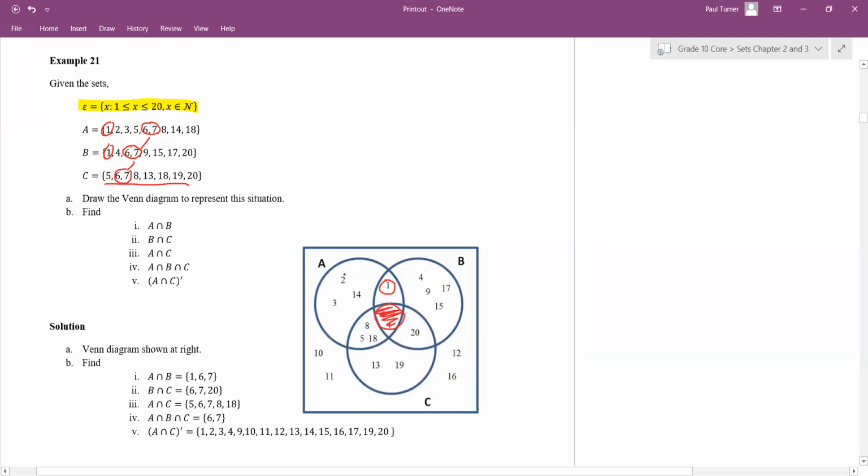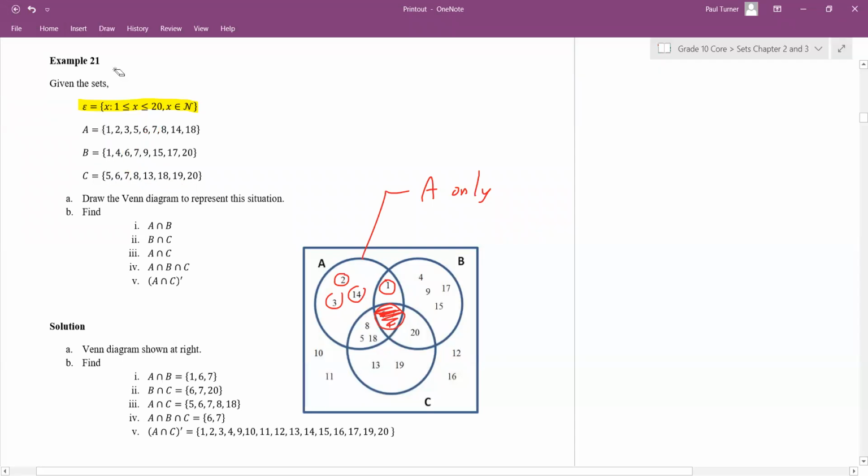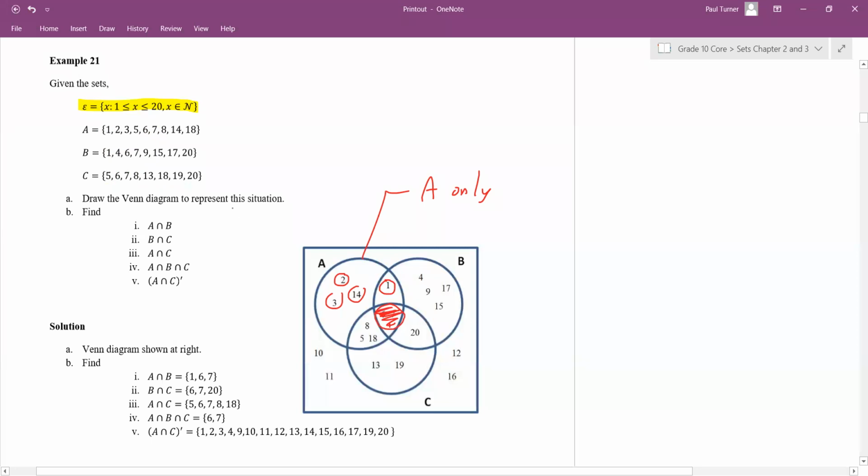If you look at 2, 3, 14, they are in A only. So let's look for them. How about A only? 2, 3, and 14. They are not in these other sets at all. You see, when you look for them, they're not here.